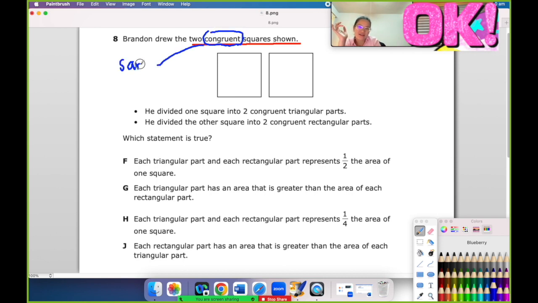Same shape? Yes, very good. Same shape and size. Okay. This guy, oh, he looks cool here.